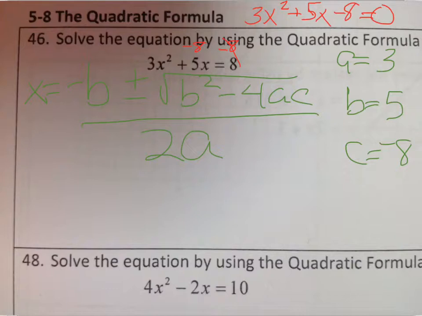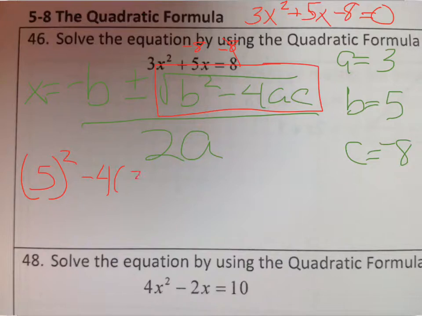There you go. So I'm going to go and use these values. The first thing I'm going to do is use just the discriminant. Remember, the discriminant is this part right here. And that part is going to tell you how many solutions you have. Make sure to reference your notes for that part. So when I plug into that, I have 5 squared minus 4 times 3 times negative 8.